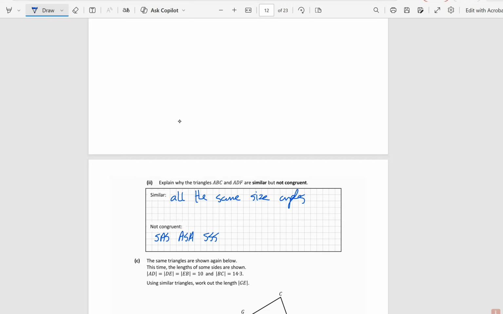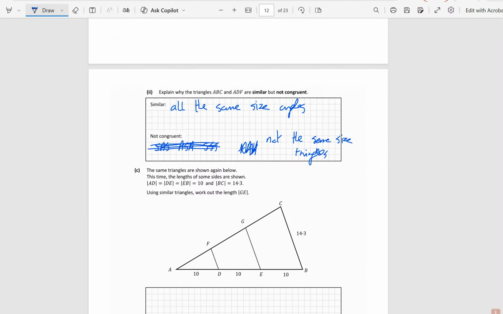Remember we said congruent triangles had to be the same. So if all three angles were the same, that wouldn't necessarily mean they're congruent. We won't put this in our answer, I'm just showing you why they're not congruent. Just say because not the same size triangles.